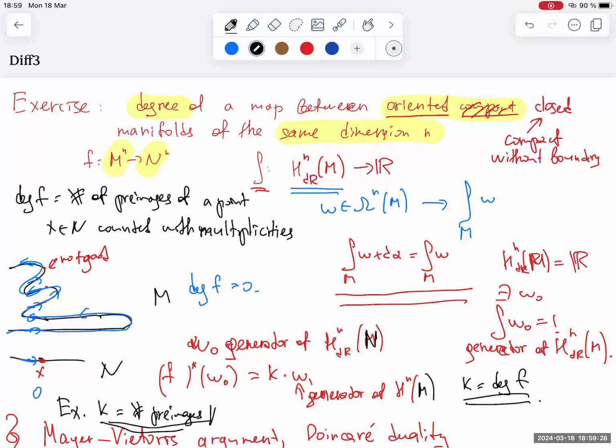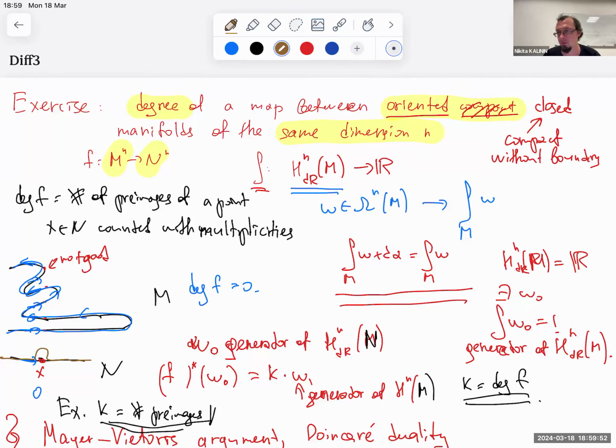Maybe we should choose some form that has support in the neighborhood of X. Yeah, exactly, that's the idea. First of all, you should show that there is a form whose support is near X. You need to prove that such a form exists, but maybe it's not very difficult after today's lecture.